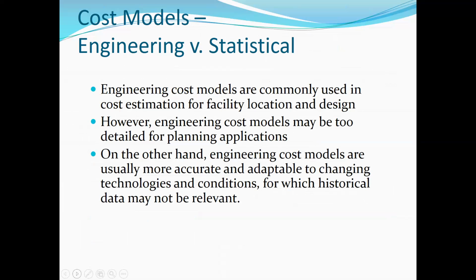So if you're relying on some kind of a regression model of past projects, and you now have a completely different technology, or the raw material has become much more expensive, then your statistical cost model may not be accurate anymore. So you might have to rely on engineering cost models. But also remember, engineering cost models are way more detailed, so you need a lot more information about the project.